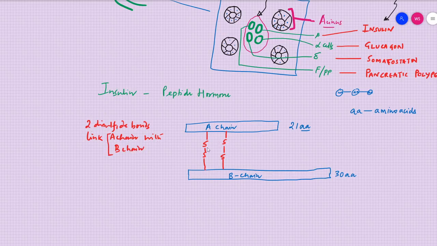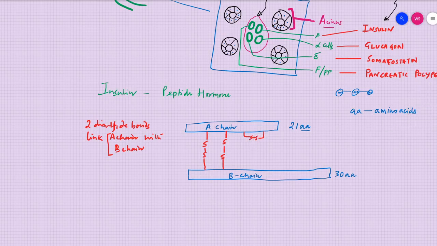So two disulfide bonds, this is the first one and this is the second one. And what is observed is there is also a disulfide bond within amino acids present in the A chain. So this is an intra A chain disulfide bond. Okay.